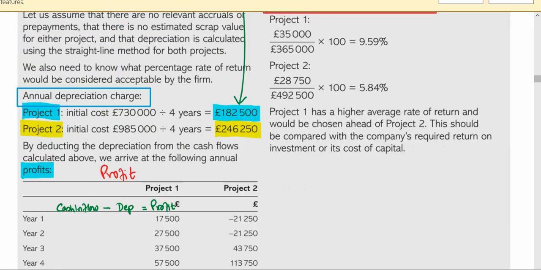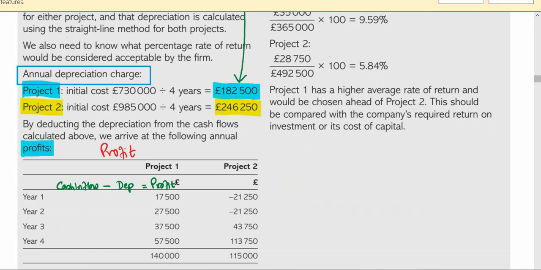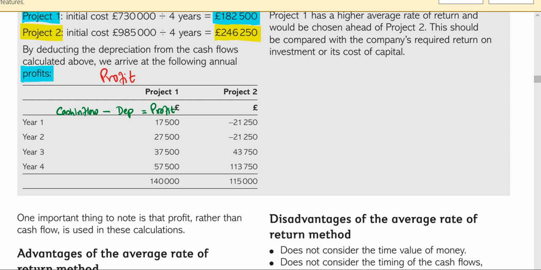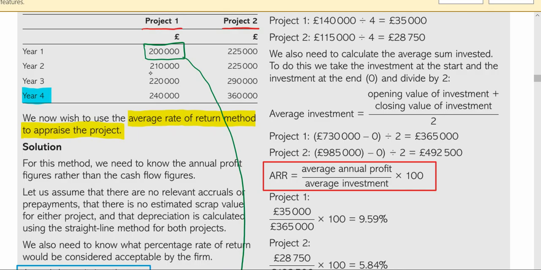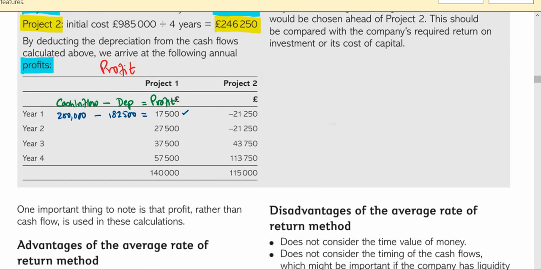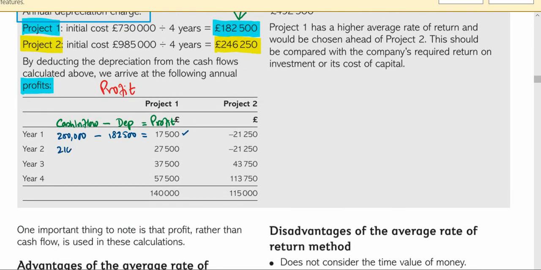So cash inflow in year one is 200,000. Depreciation is fixed, 182,500. So profit is 17,500. For the next year, cash inflow is 210,000, less depreciation, again 182,500.